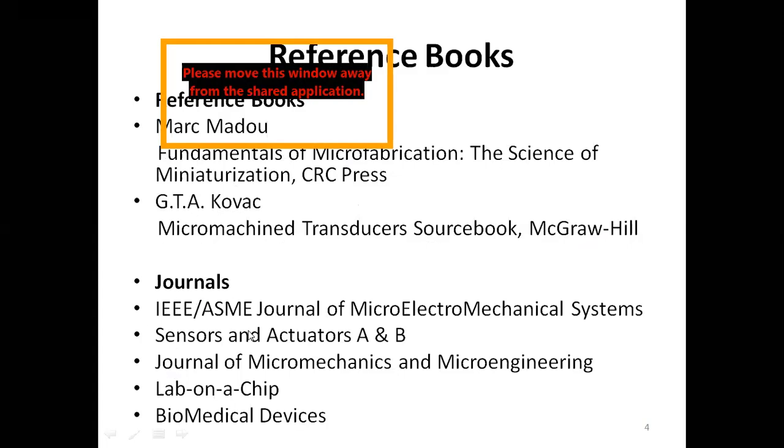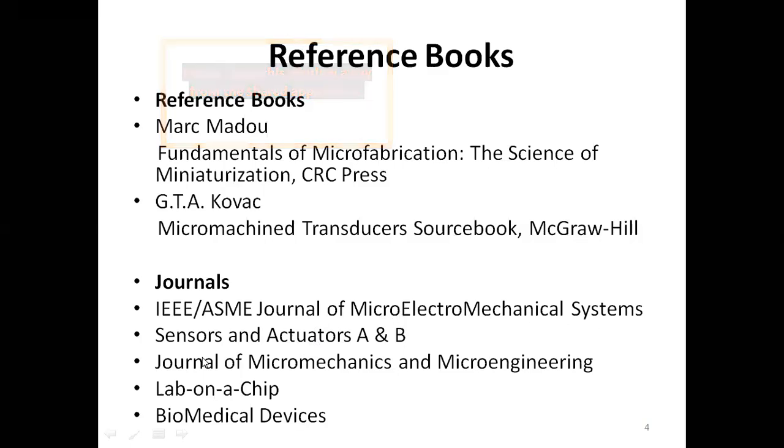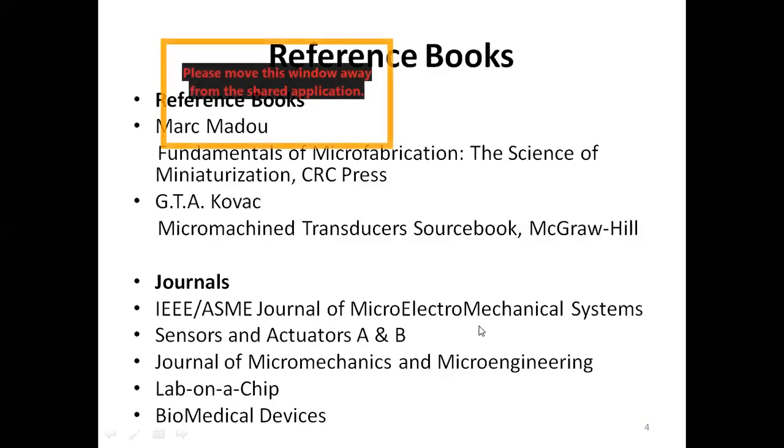Some journals which normally publish research related to MEMS: Journal of Microelectromechanical Systems, Sensors and Actuators A and B, Journal of Micromechanics and Microengineering, Lab on a Chip, Biomedical Devices.